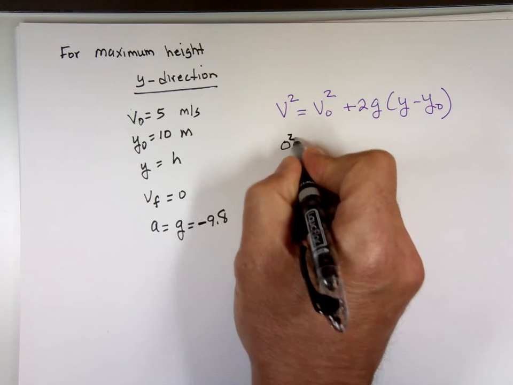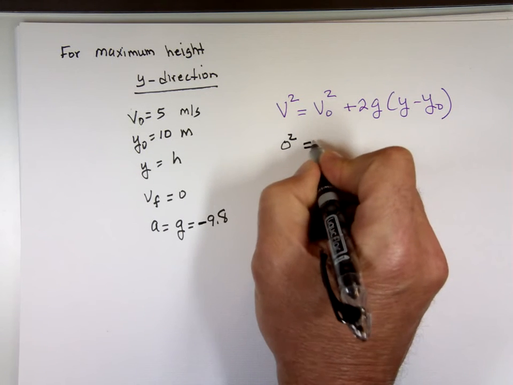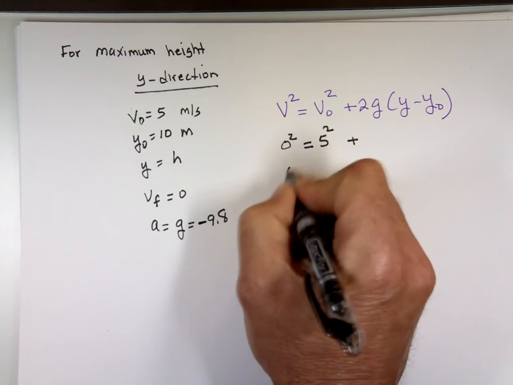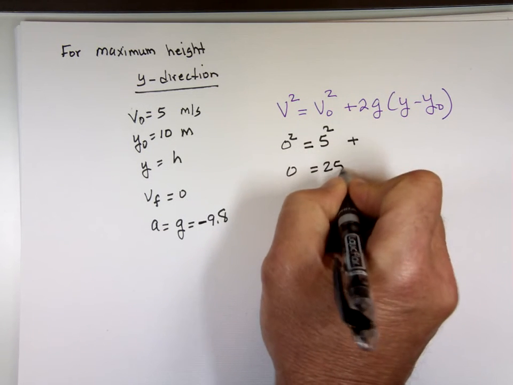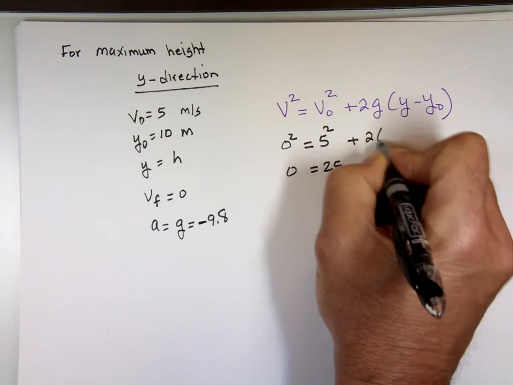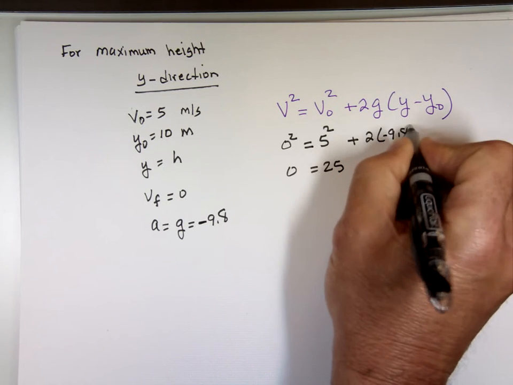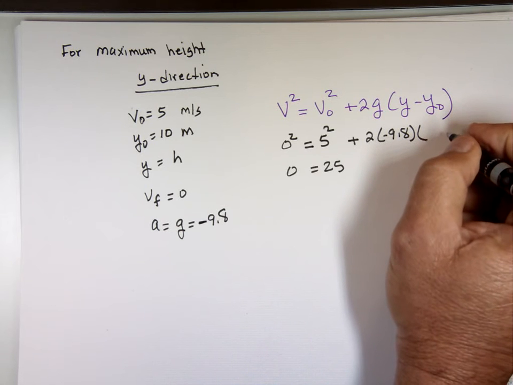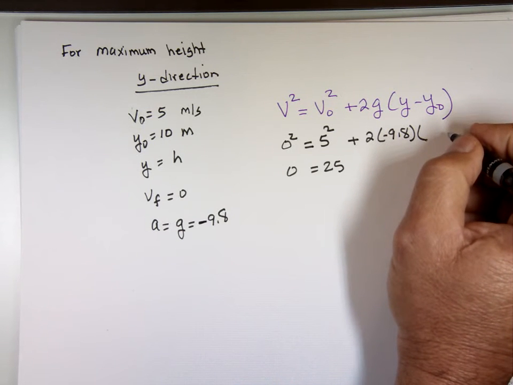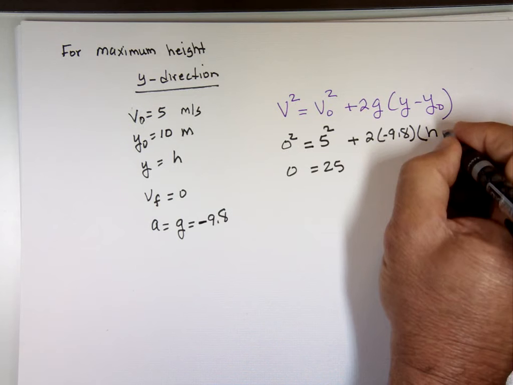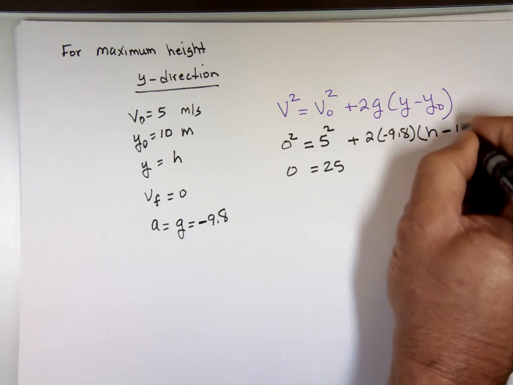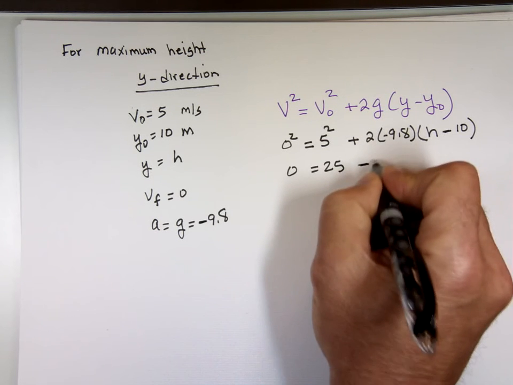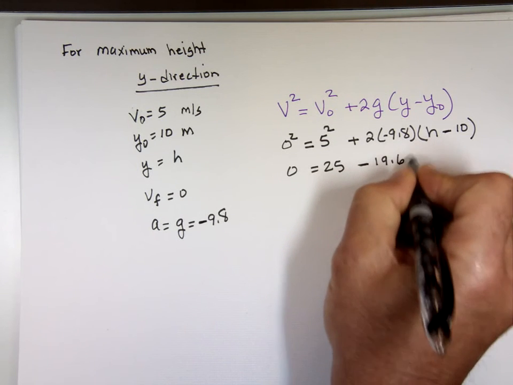Initial velocity, 5 squared, that's still 25. Two times negative 9.8 times what? Y, which is, what's y? H minus y sub 0. Is that 10? So that's minus 19.6 times h minus 10.